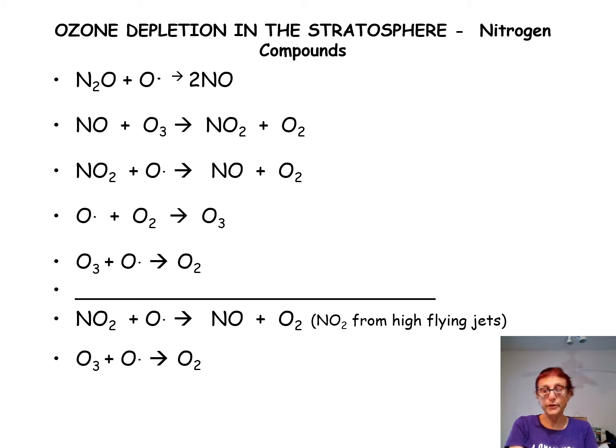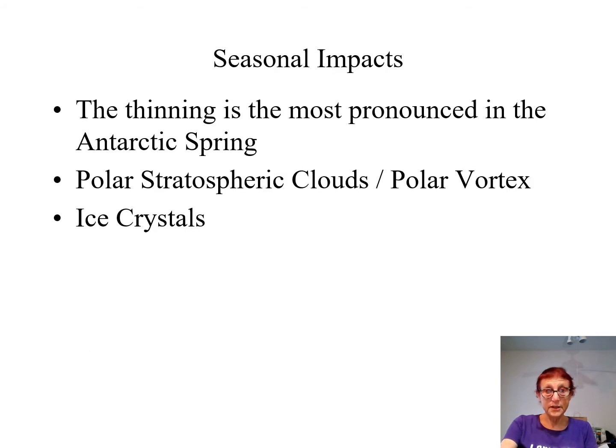NO2 can react with a free radical to produce NO. NO2, or nitrogen dioxide, from fuel combustion in high-flying jets can also react with those oxygen free radicals. When you look at all of these reactions, your net result is that ozone is being destroyed and oxygen is being produced in the process, hence leading to that thinning of the layer that we see.